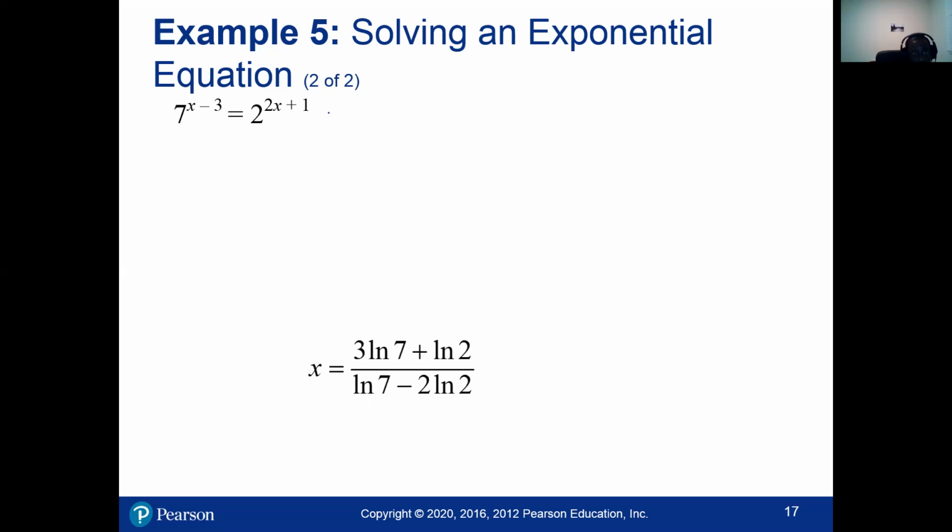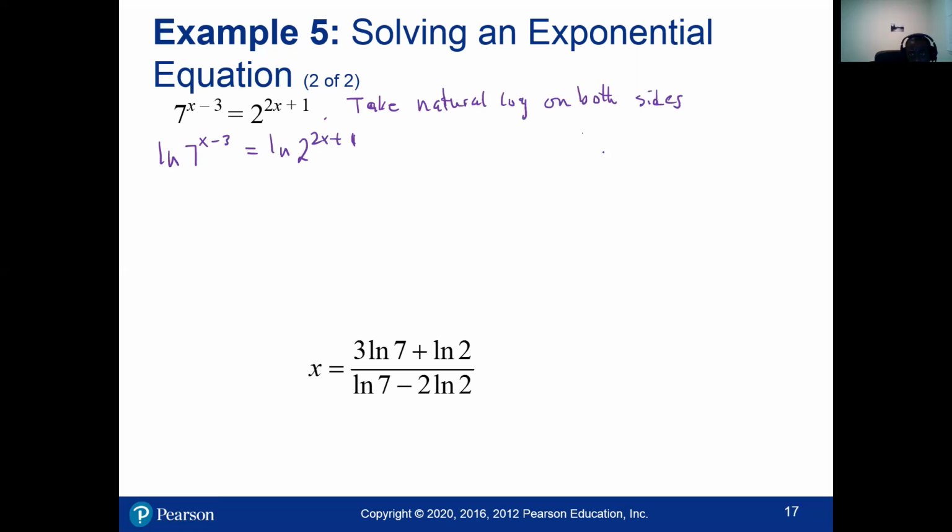So ln of 7^(x−3) is equal to the natural log of 2^(2x+1). So we use the same properties.